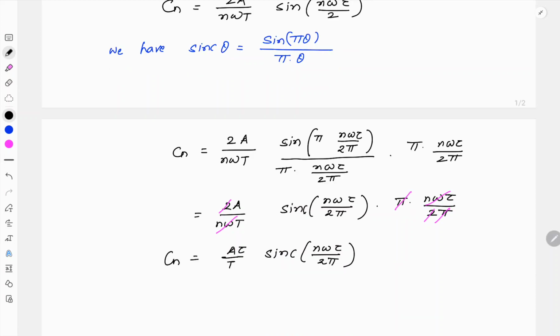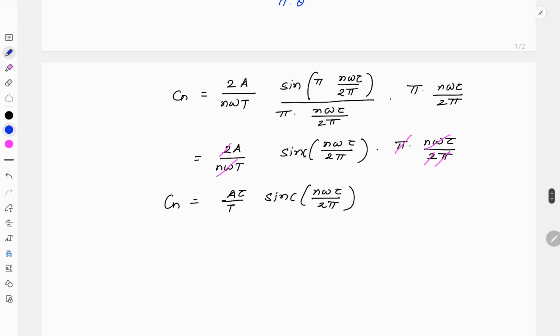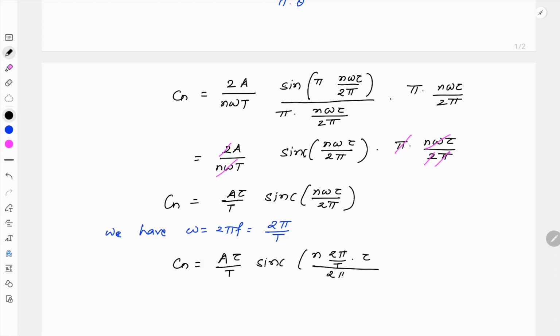Now in this equation we can substitute the value of omega. So we have omega equal to 2 pi f, which is equal to 2 pi by T, where the capital T is the period of given signal. So Cn becomes now a tau by T sinc of n into 2 pi by T into tau divided by 2 pi.